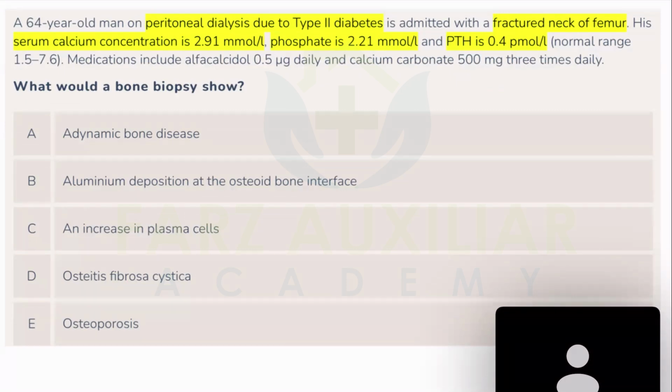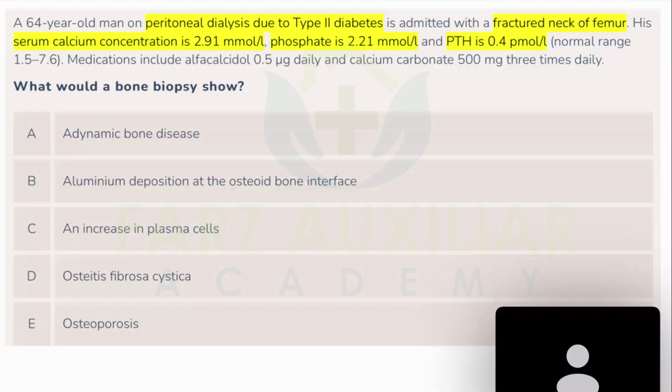His serum calcium concentration is 2.9, phosphate is 2.2. I hope you know what a normal level of phosphate is. In the actual question, they will usually provide you the normal levels. The parathormone level is 0.4, which is low. Medications include alfacalcidol, a typical therapy in chronic kidney disease, and they are also supplementing the patient with calcium carbonate.